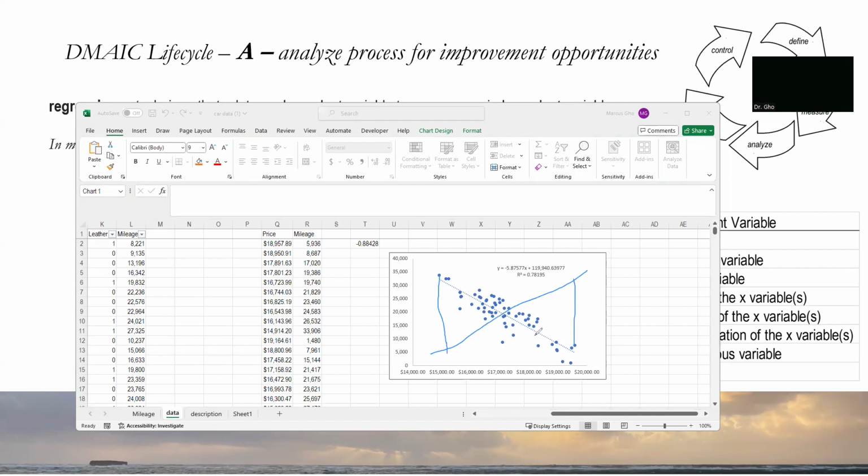To ensure that doesn't happen, usually we use something called ordinary least squares. That's a big mouthful, but really what that means is you take this difference and you square it, that difference you square it, and then you minimize the differences between each of those.